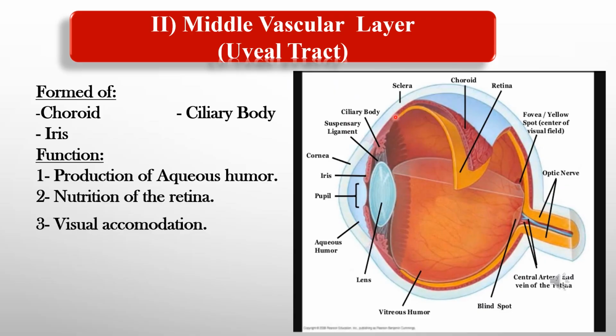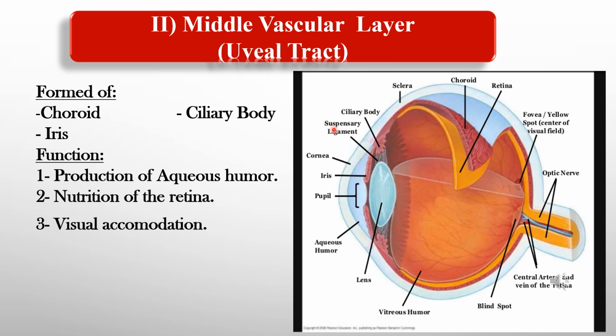The second layer of the eye, the middle vascular layer, also called the uveal tract, is formed of the choroid, the posterior part of this layer, then the ciliary body with its processes and the ciliary muscle, and the iris.